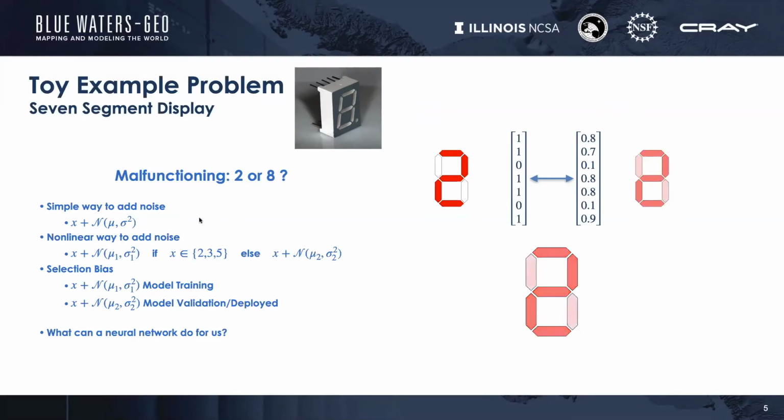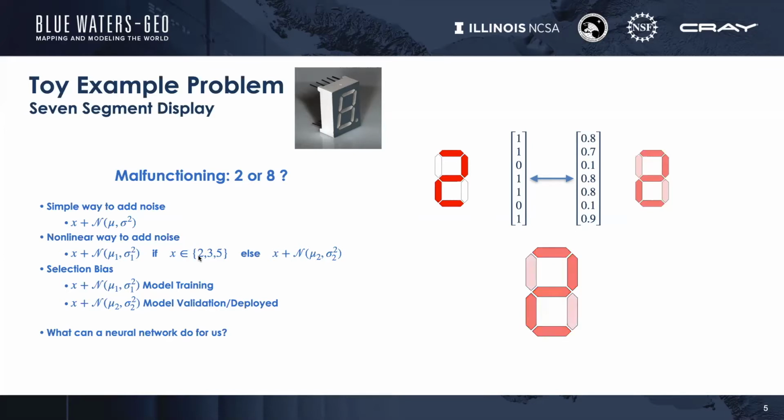So the simplest way is maybe we just sample from a normal distribution and add that to all the input data. But the simplest way to consider and study nonlinear data is perhaps you have 2 normal distribution random variables with different means and variances, and you only draw from one random variable or the other depending on which digit you're considering.